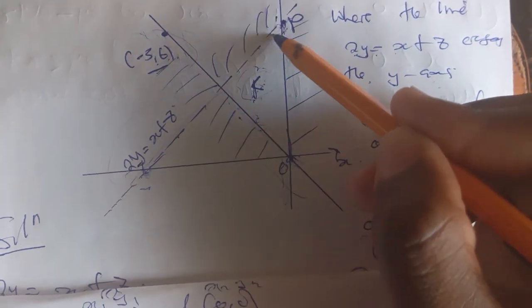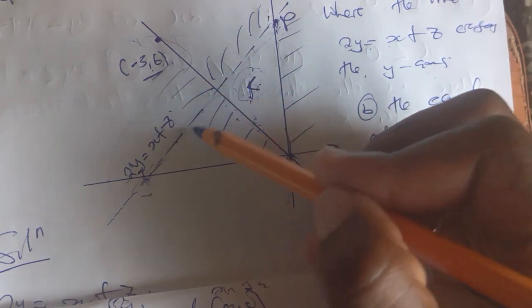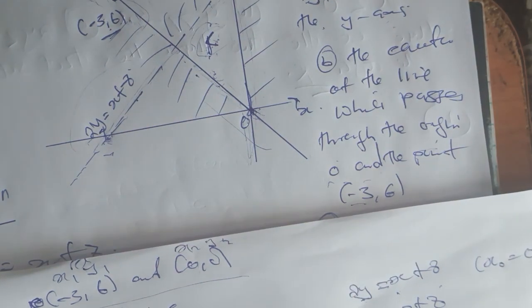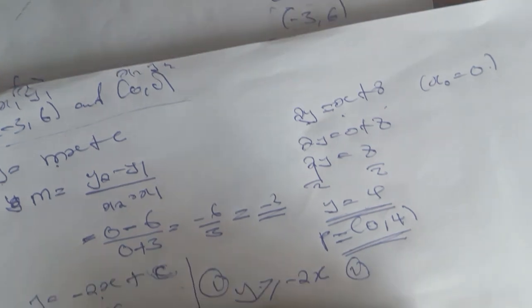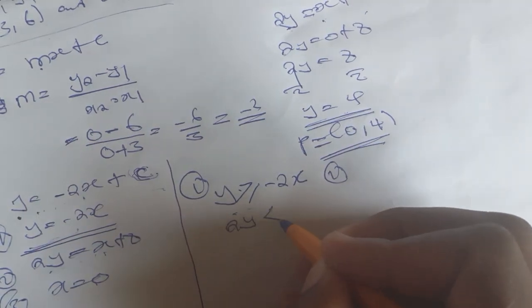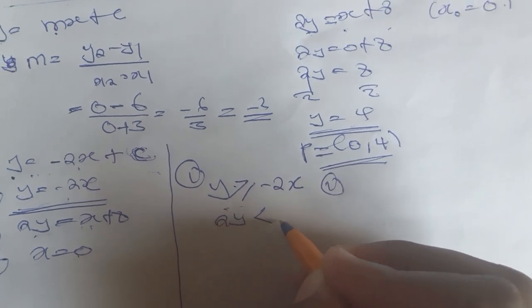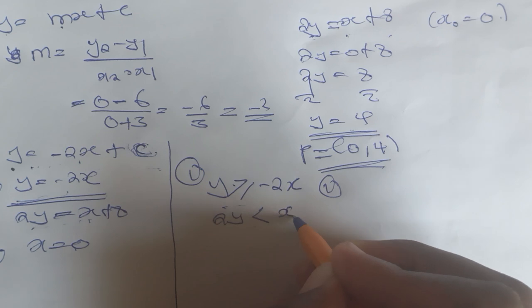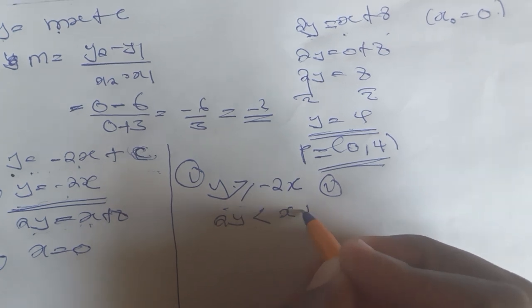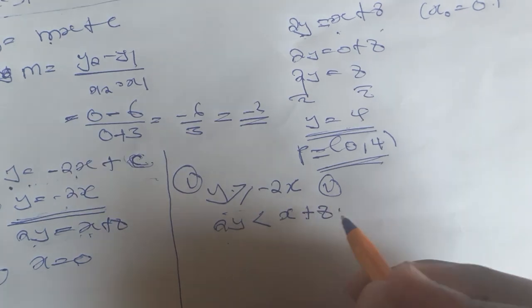Because it's dotted, it will be less than alone, not less than or equal to. So it will be 2y is less than x plus 8. That is inequality 2.